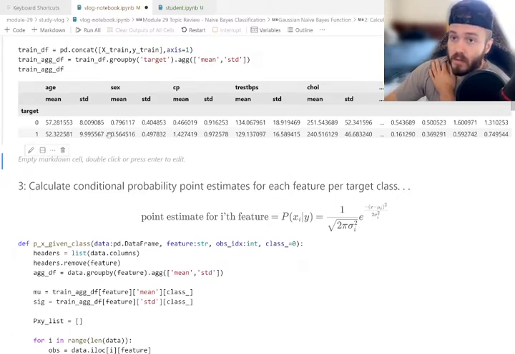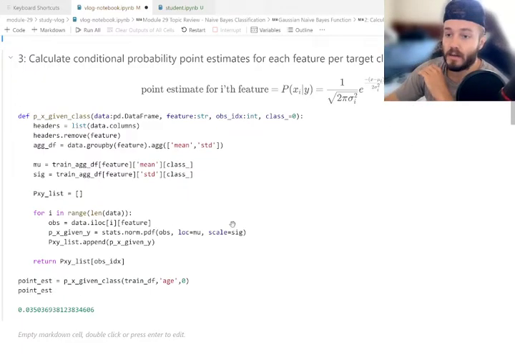So we do that for age using our target class of 0 for our y, and then again using 1 for our target class. You use the mean and standard deviation of each class for this formula, and you do that for each feature for each class that you're trying to predict. That's a lot in English. It's much more elegant in code.